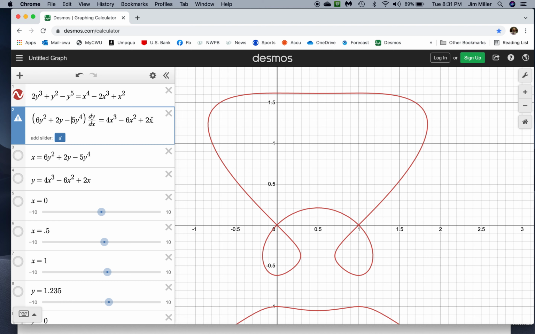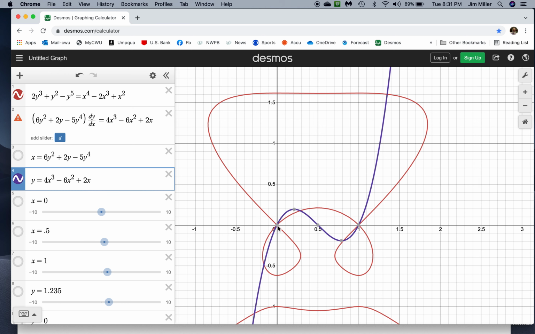To have a 0 slope, the numerator would have to be 0. Now in class, I factored this for you folks, but I can also just graph it, which I typed in right here. I'm going to turn that equation on, and you notice that it crosses at 0, 0, 0.50, and 1, 0. So those are the 3 zeros.